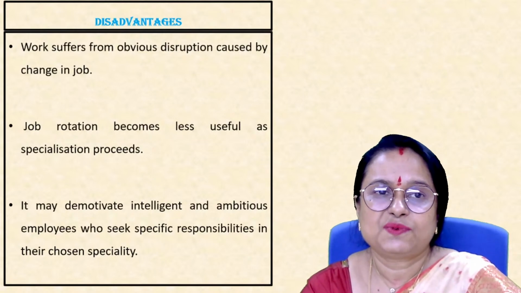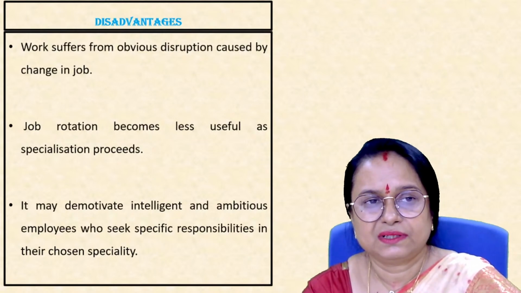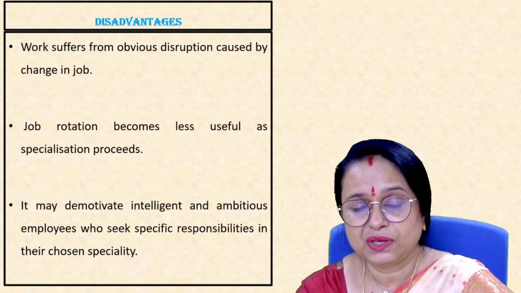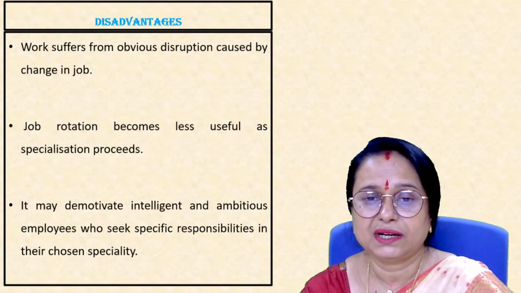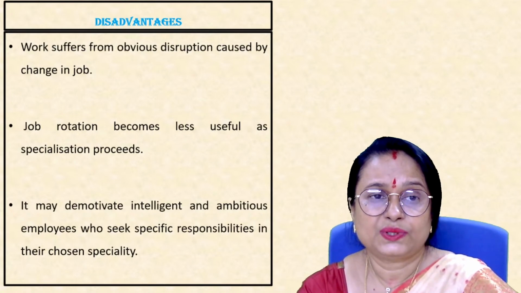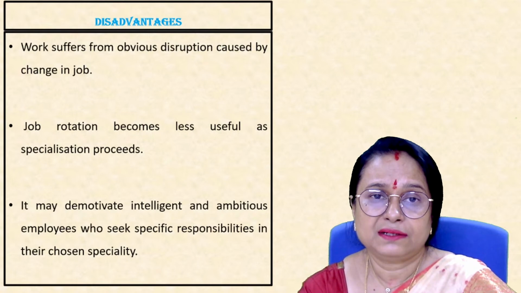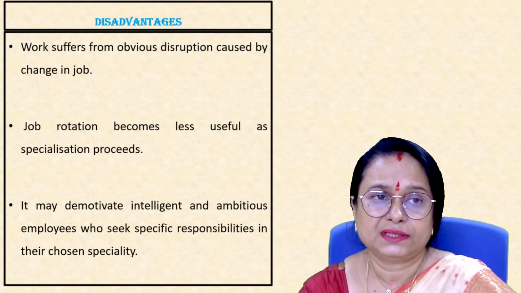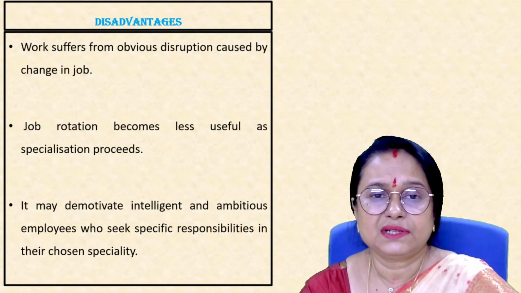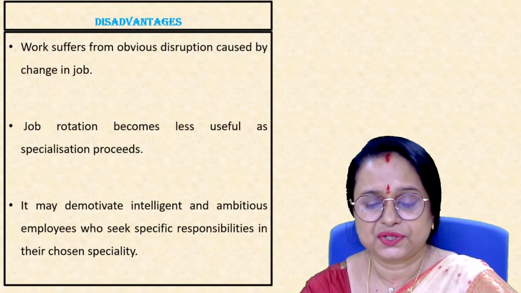So work suffers from obvious disruption. That is very obvious. If one efficient employee is shifted to another department, then definitely the job of the parent department will be disrupted. That is very obvious. And job rotation becomes less useful as specialization proceeds.